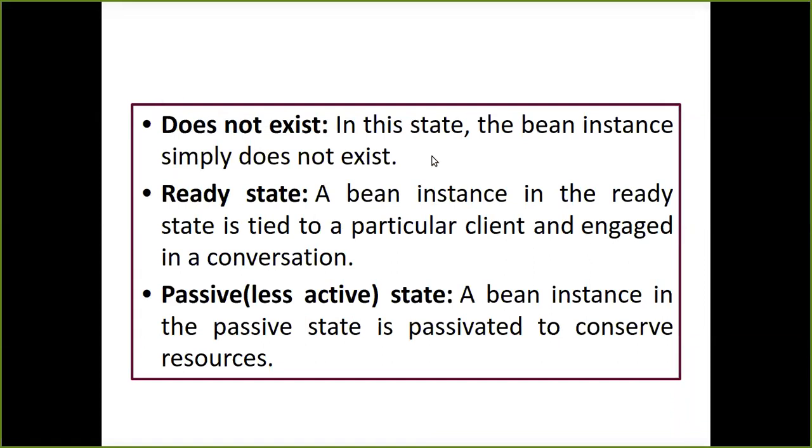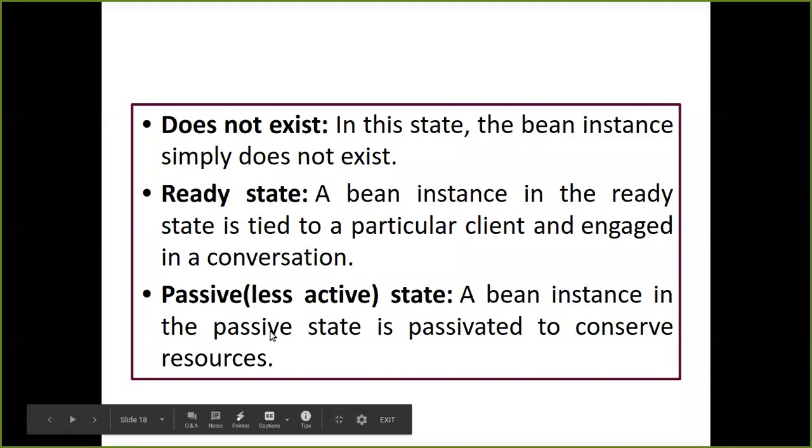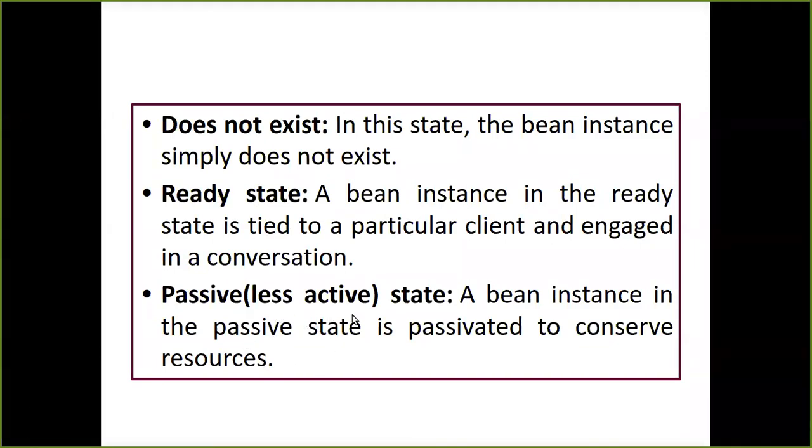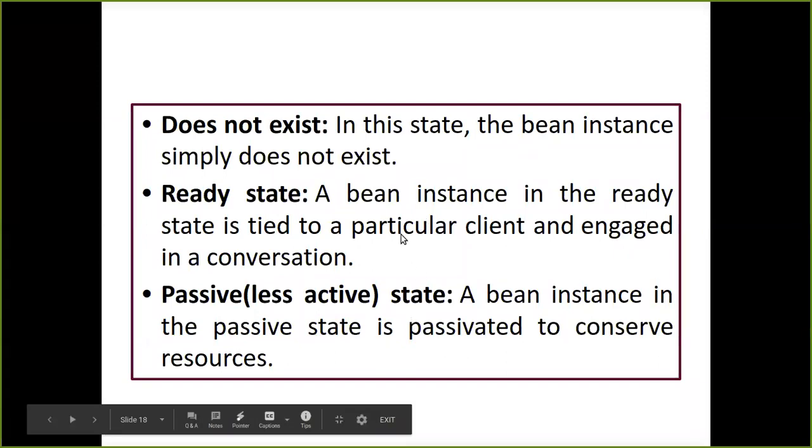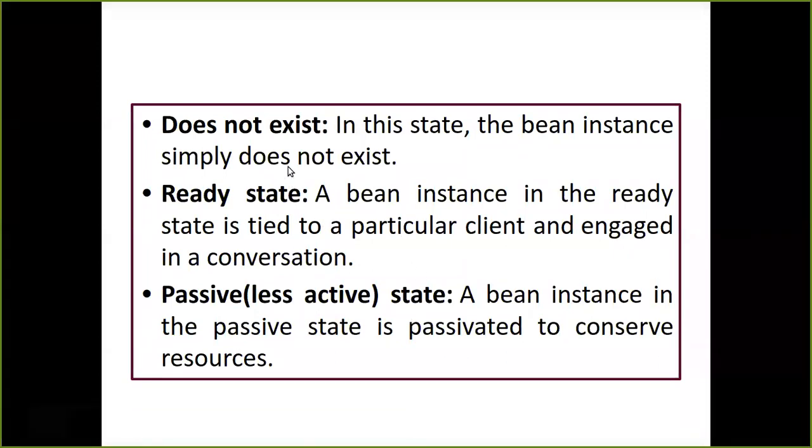Does not exist means the bean instance simply does not exist; we are considering that the bean object is not available. If it is not available, it is passed to the ready state where business logic is executed, and the conversation is maintained between your client and the server. Now, passive means it is less active. The bean instance is in the passivated state to conserve resources.